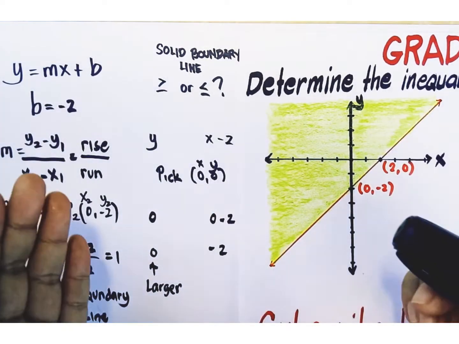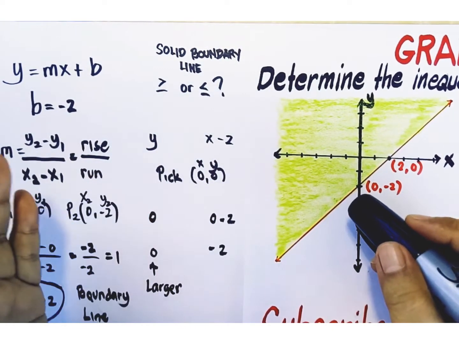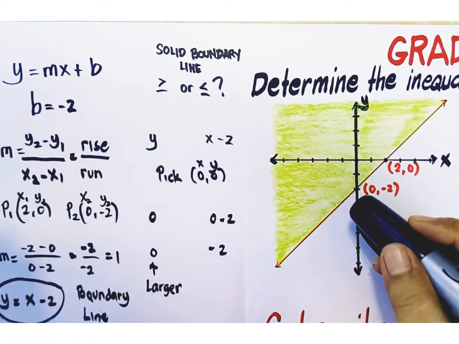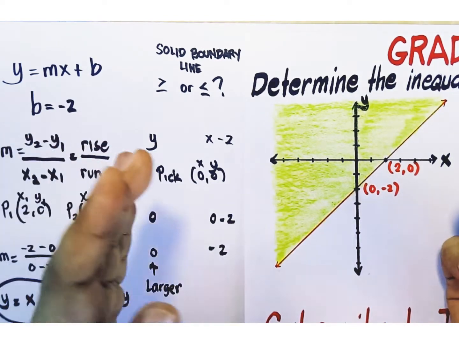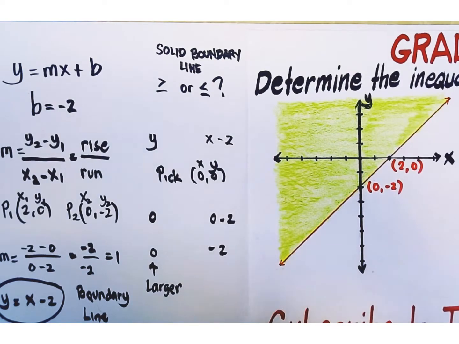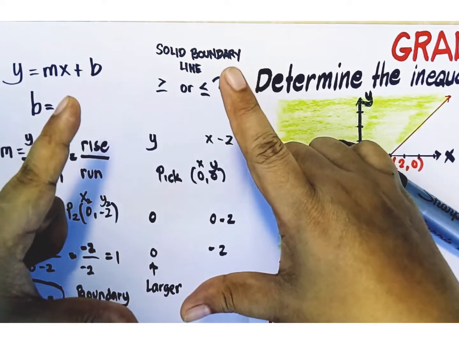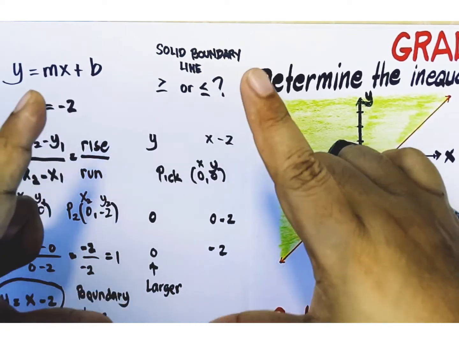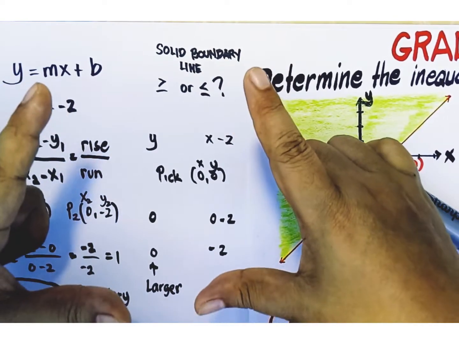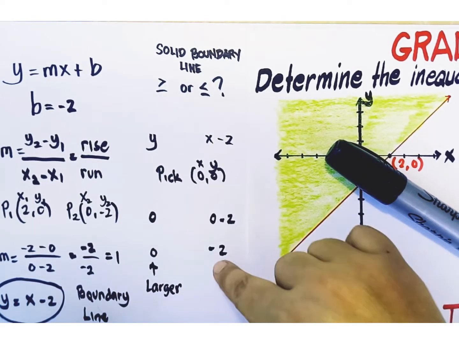If you're still confused with which of the two inequality signs means greater than or equal to and less than or equal to, it is useful to remember that the open side of the inequality sign always faces the larger number. 0 is larger than negative 2.